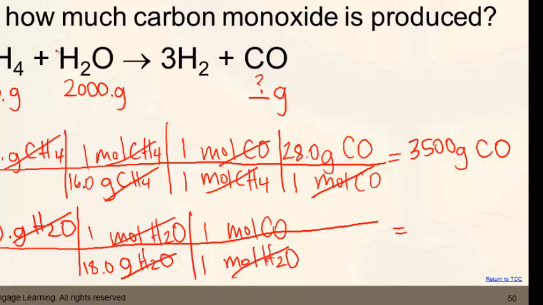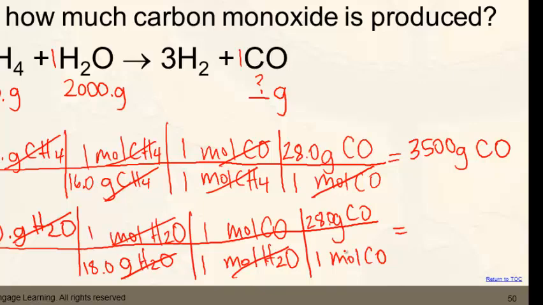From the balanced equation, there's a 1 implied here and a 1 implied here. And the last step would be to convert from moles of carbon monoxide to grams. This last step probably isn't necessary because it's the same, 28 grams here and 28 grams here. So I would have known my answer without actually converting to grams.